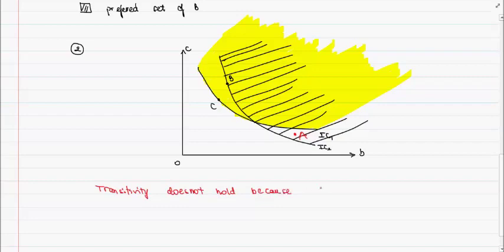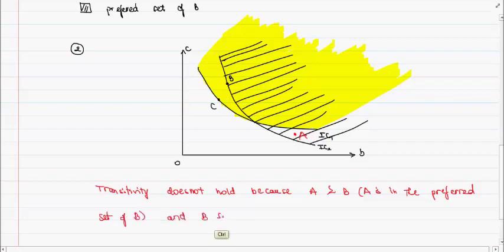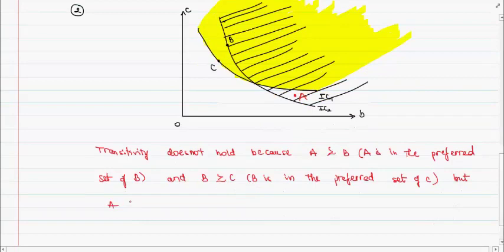A is preferred to B because A is in the preferred set of B, the black line area. And B is preferred to bundle C, because B is in the yellow shaded area, which is the preferred set of C. However, bundle A is not preferred to bundle C because A is not in the preferred set of C.